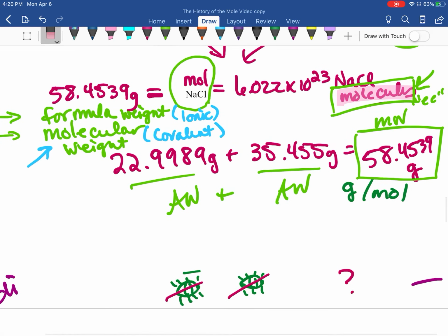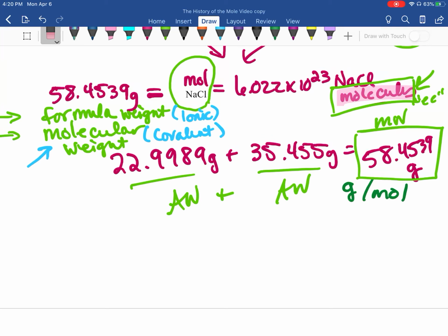So we can do all these literally like a unit conversion. So let's write one down here. What if you are absolutely destined to get an A in Gen Chem? Because of course all of you are. So you go to the lab and you want to make your sodium chloride, and son of a motherless goat, you don't have 22.9989 grams.